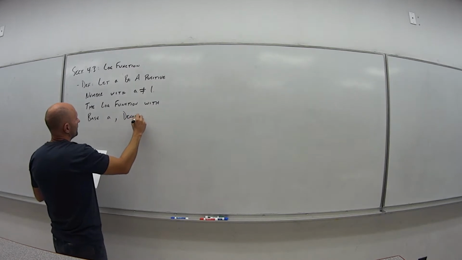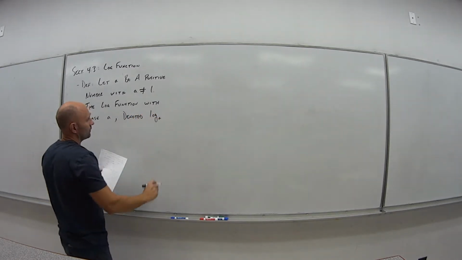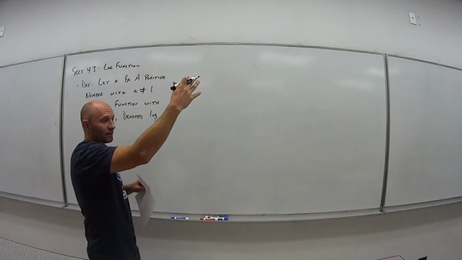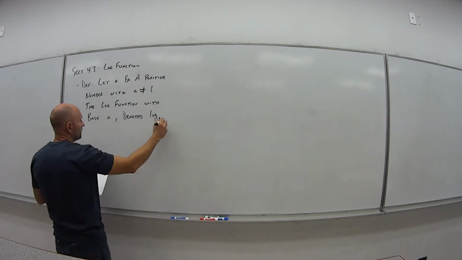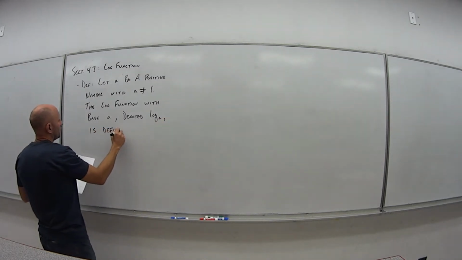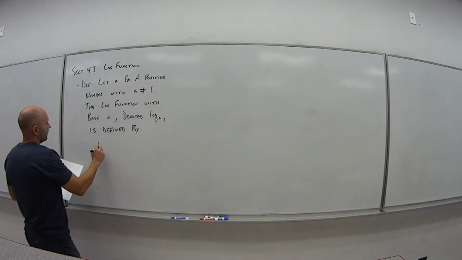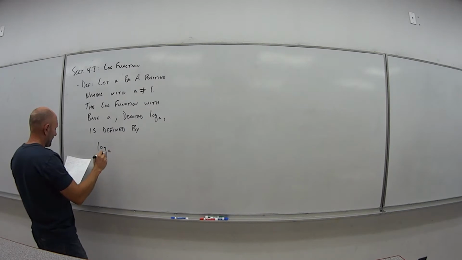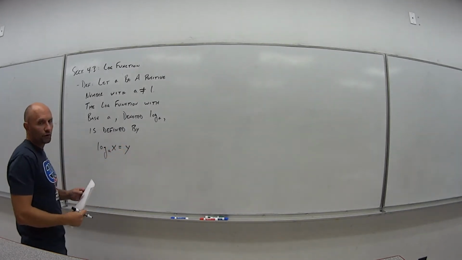So this is denoted log with a little a next to it, so instead of having it as an exponent, it's sort of a subscript. So denoted log of A is defined by the log base A, we call it, of x is equal to y.